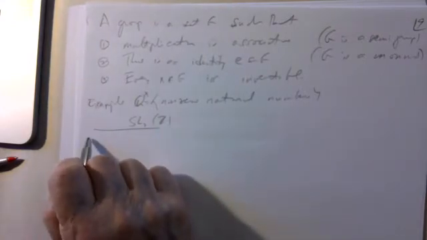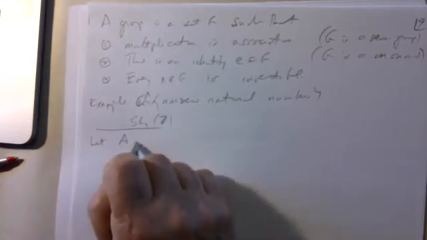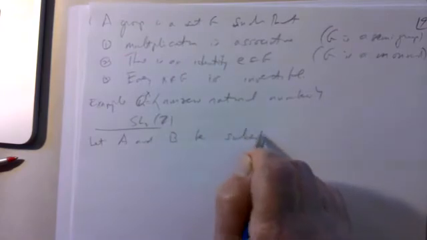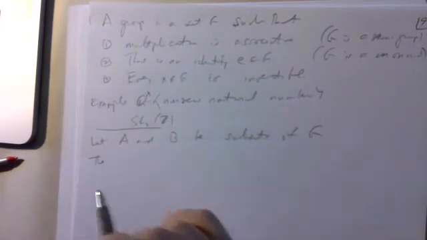Now, let A and B be subsets of G. We can multiply subsets.